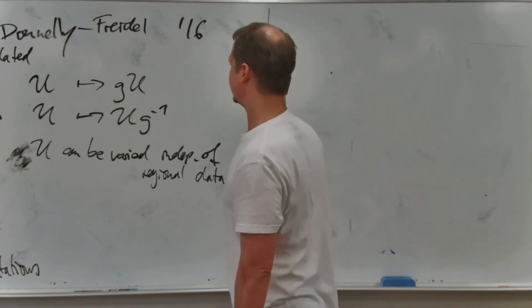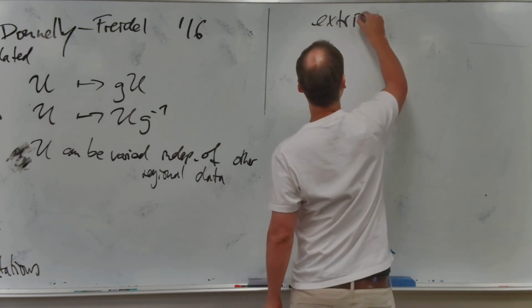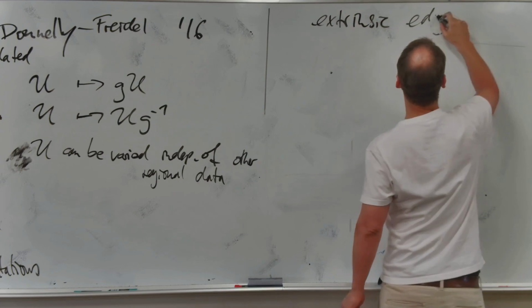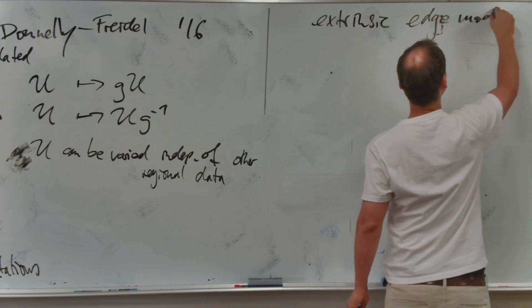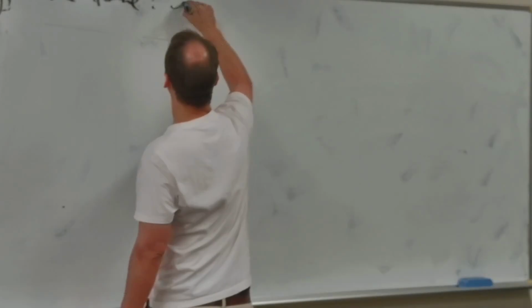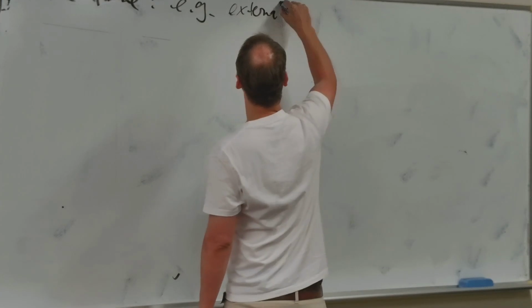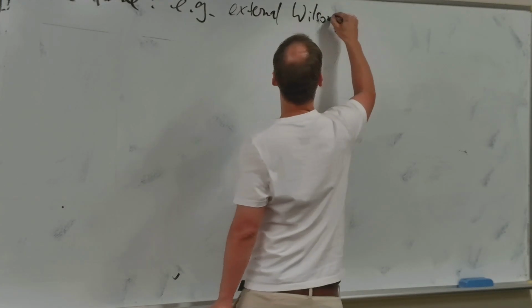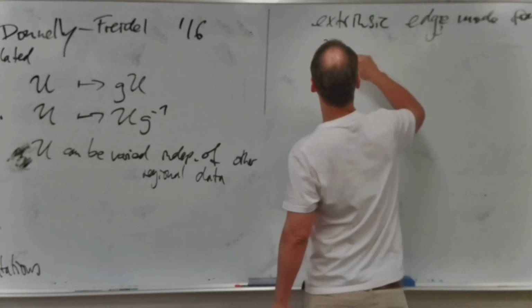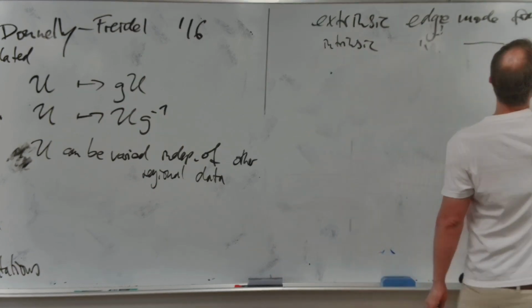Let me just say extrinsic edge mode frame is basically, for example, external Wilson lines, and you can have intrinsic edge modes.